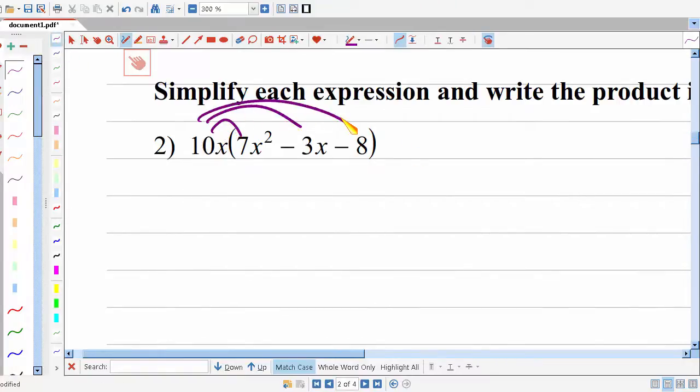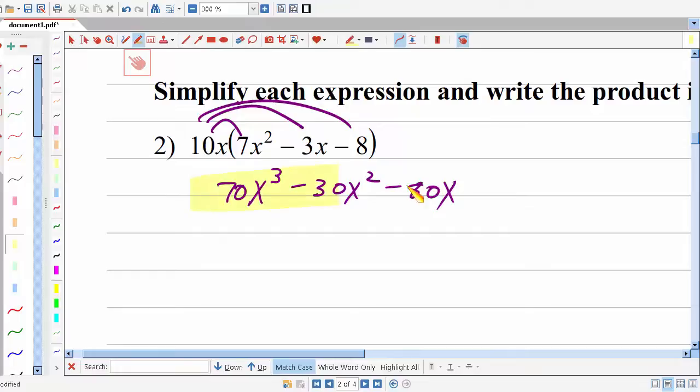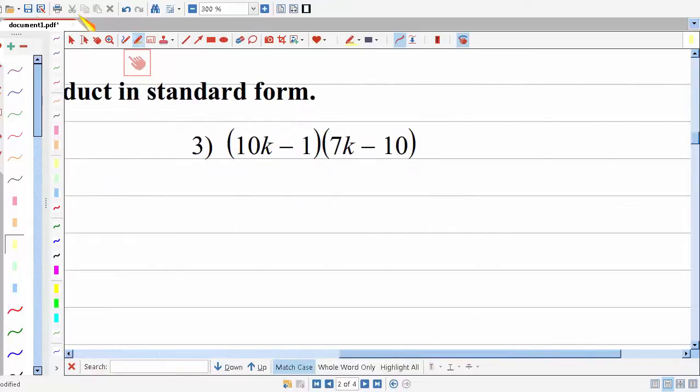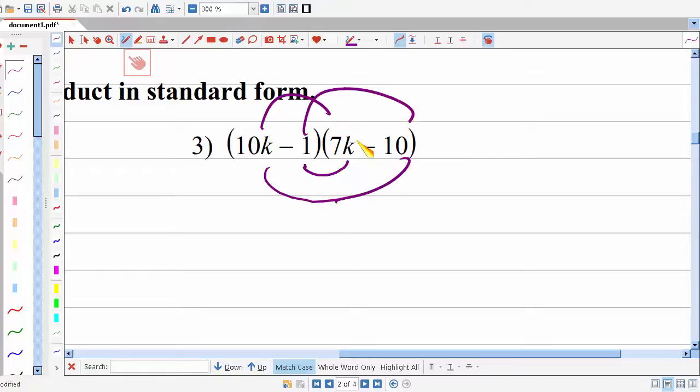All right, now in this next one, I'm just going to distribute. Okay. And now this one is foiling, so I do first, outer, inner, last.